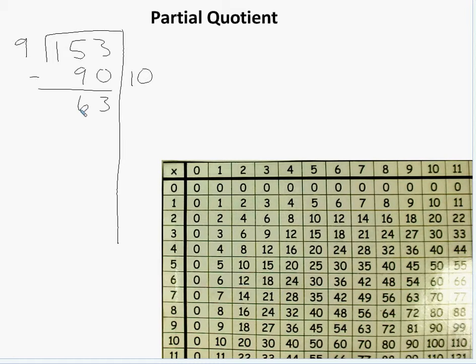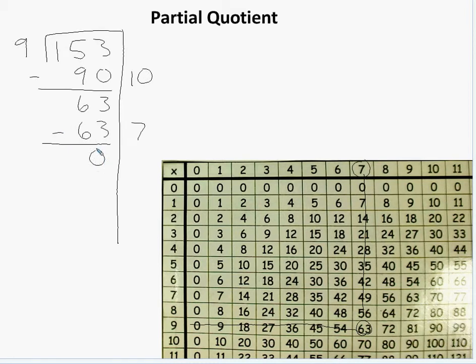This time I need to pick a multiple of 9 that is 63 or less. I go on my multiplication chart and follow it over, and I see 63, so I can subtract 63, and that'd be subtracting 9 7 times. When I do that, I get 0.